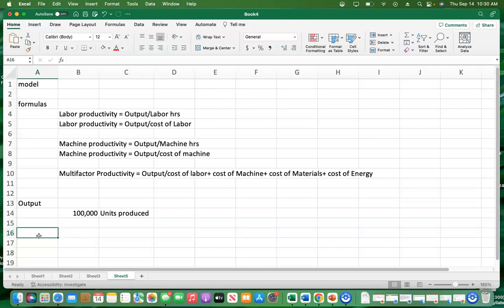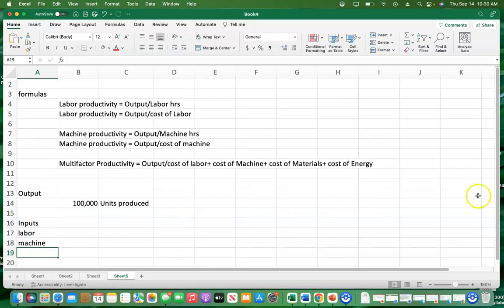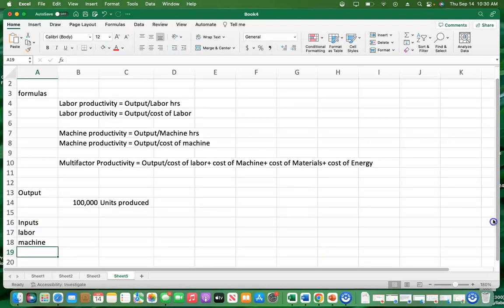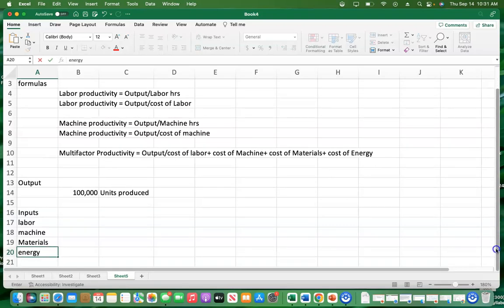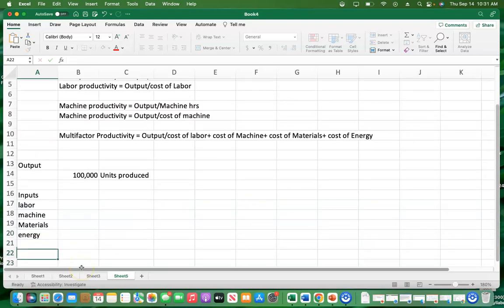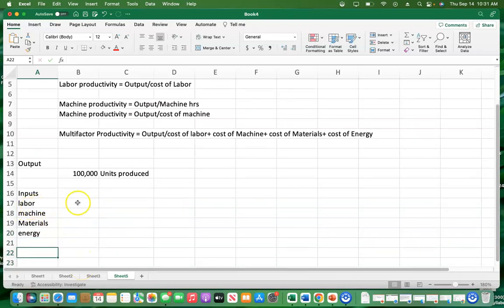So now let's go to the inputs. In this case, we have labor, we have machine, and then we have materials, and finally we have energy. Those are the inputs that we have.